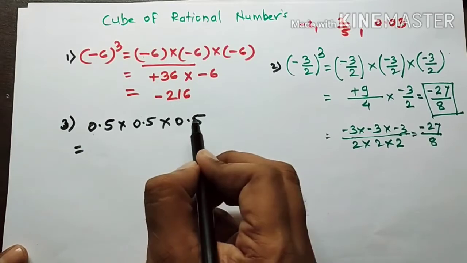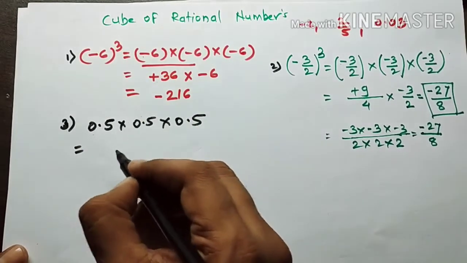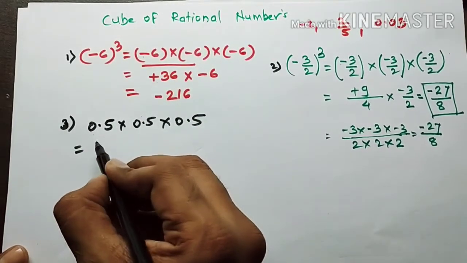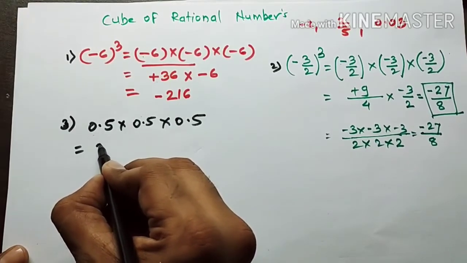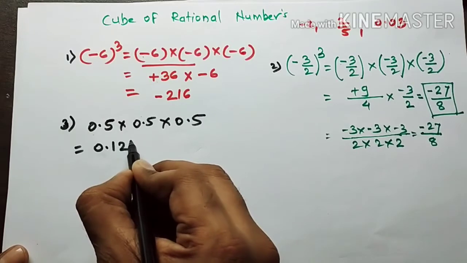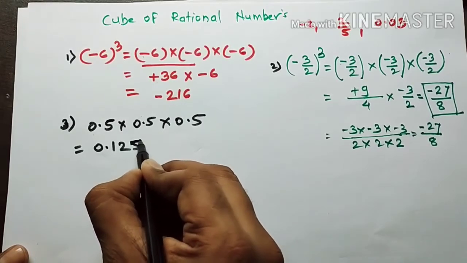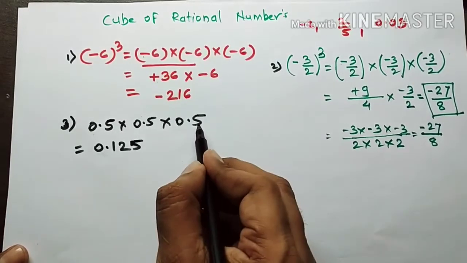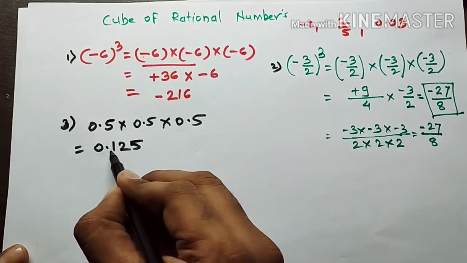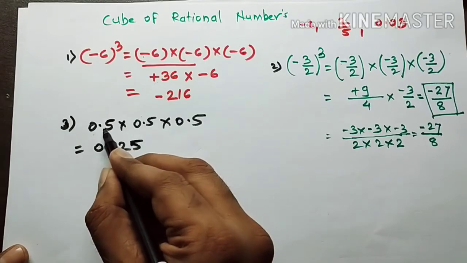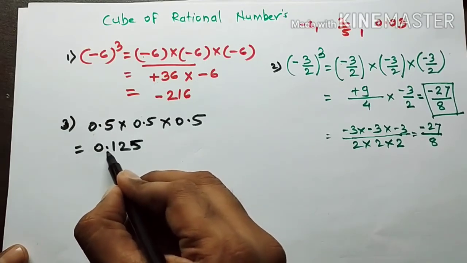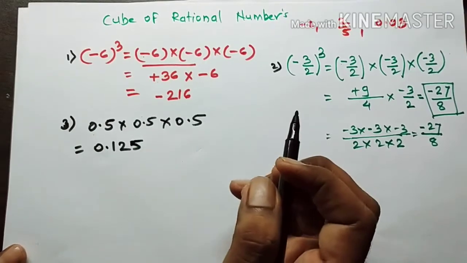Remember, 3 places are required, so here it is 0.125. It is required.